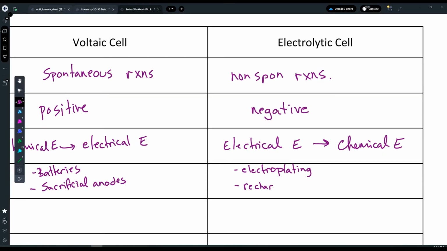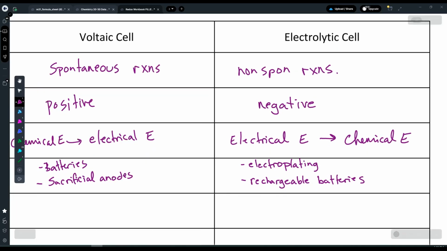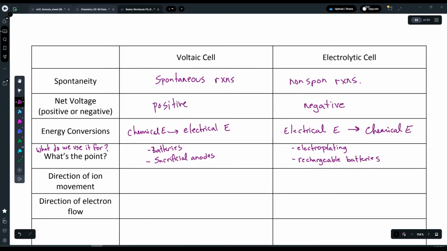And electrolytic cells are also useful for rechargeable batteries. So when I said batteries before for voltaic cells, I'm meaning the regular ones that are not rechargeable, whereas electrolytic cells, those are your rechargeable batteries. Okay.